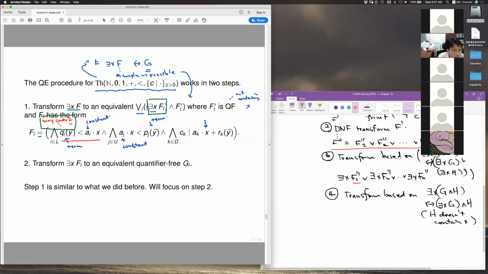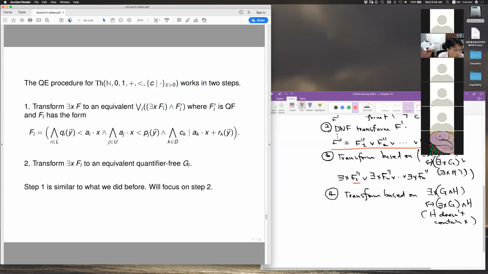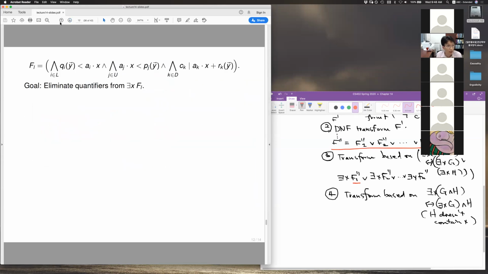So we will focus on this step 2. Here is again a reminder about what FL actually looks like. Our goal is to eliminate the quantifier exists X from FL. Now this quantifier elimination consists of two steps.